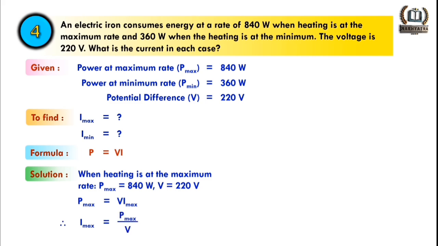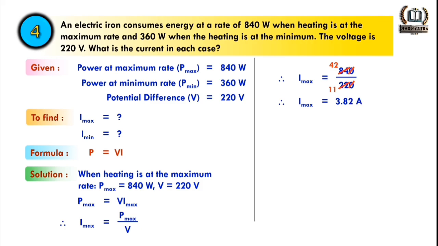Okay, now by rearranging it we will get I max equal to P max upon V, by putting the value 840 upon 220, and then calculating it we will get current maximum equal to 3.82 ampere. Okay, now look at the second case, when the heating is at the minimum rate, that is when power is minimum.